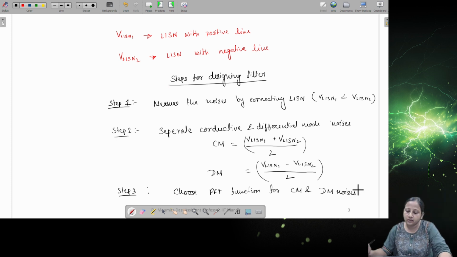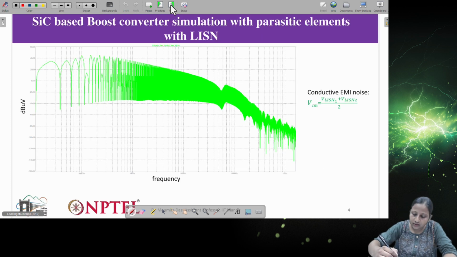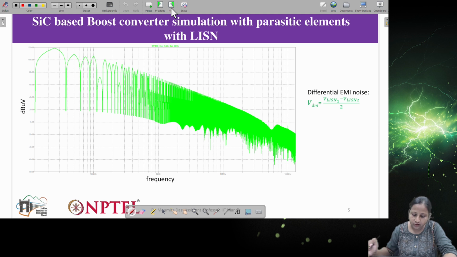Till this part you have seen in the last lecture. Now we have two different noises, right? So this is the CM and this is the DM. Now we have to see whether a filter is required or not.